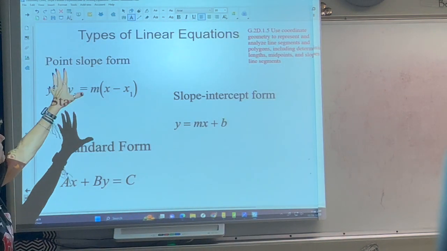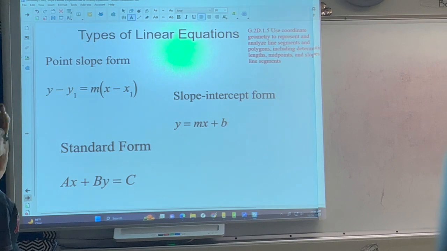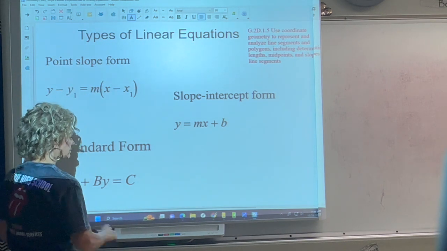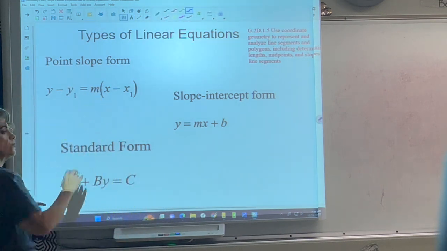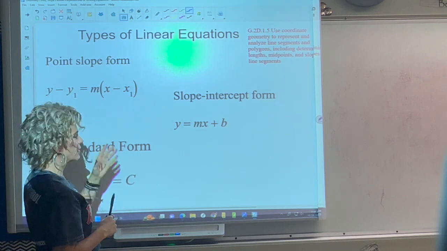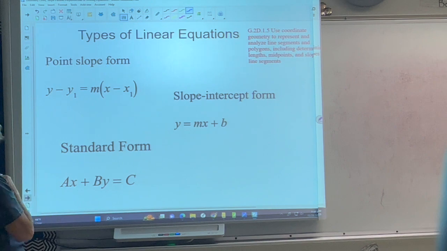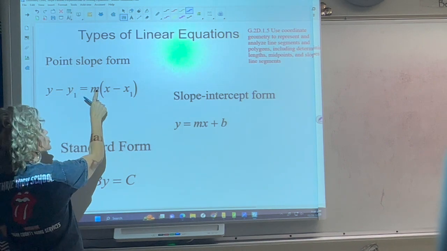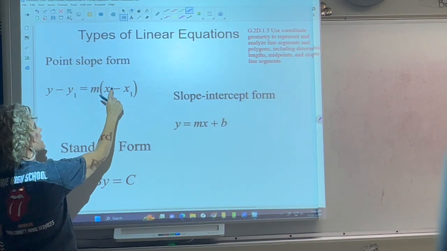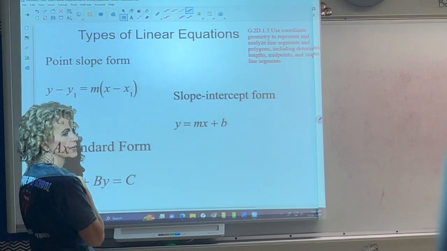All right, types of linear equations. We have point slope form. This is the formula. I'm not going to regurgitate it, you can read that. Here's how I say it: y minus your y coordinate equals your slope times x minus your x coordinate.